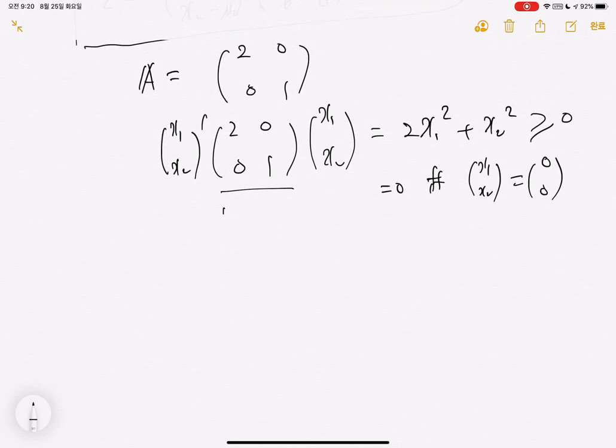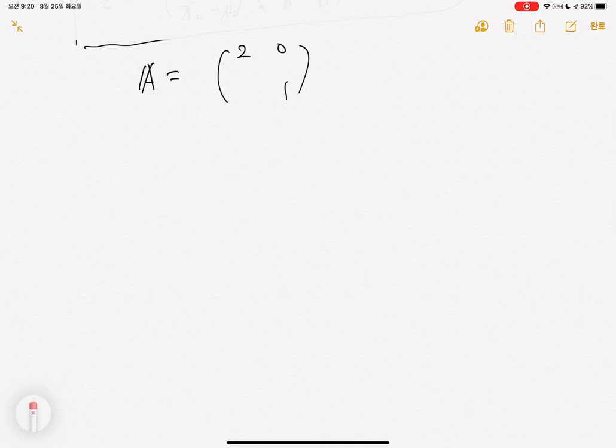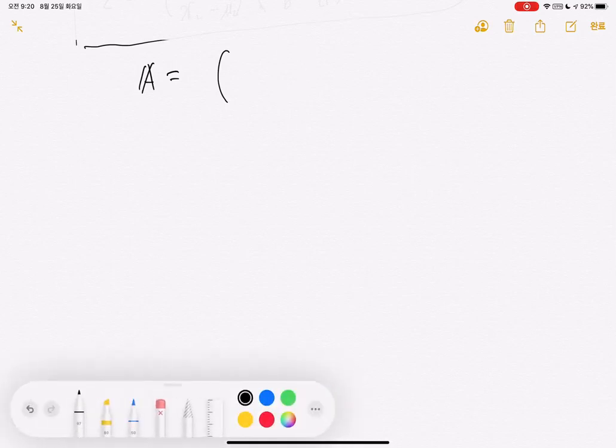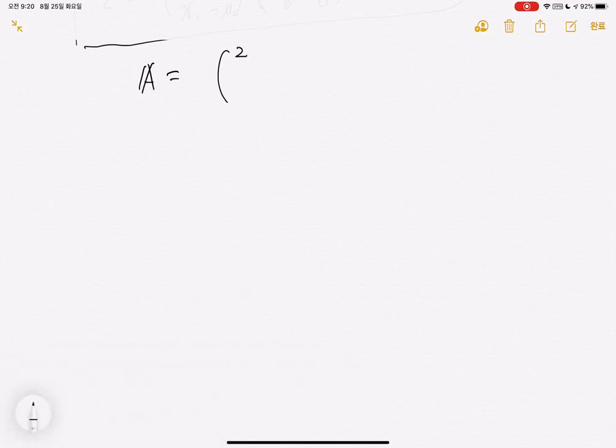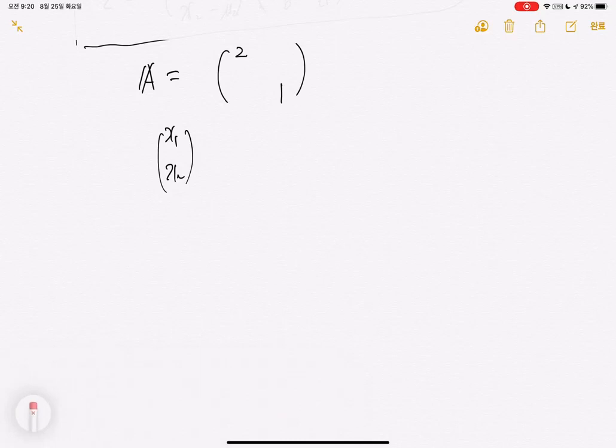Now what about this matrix? What about 2, 1.5, 1.5, 1?